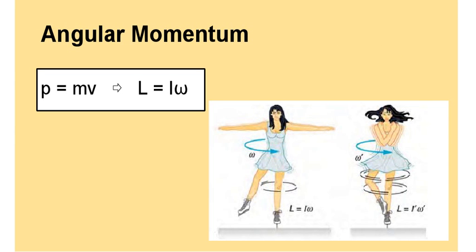Here's one. Previously we had P equals mv. The momentum was equal to mass times velocity. Well, there's an angular momentum as well. We used the letter L there because, see, there's an L right there in angular. I don't know why it's L. But instead of mass, we write I. Instead of V, we write omega.